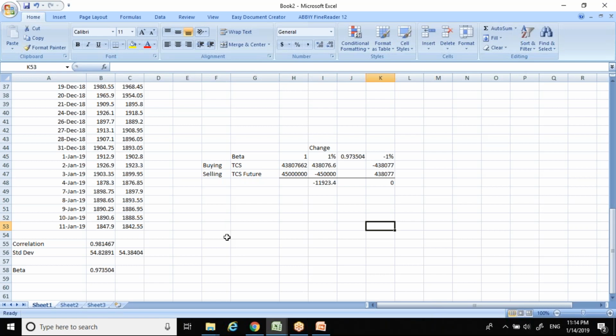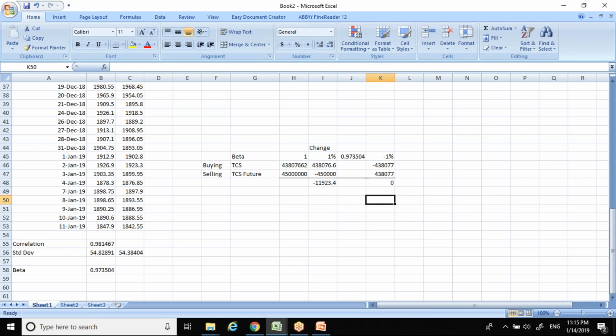You can get the beta, or you can use the other formulas for beta also. You can regress the price changes, or you can take the covariance between the index and the portfolio return, divided by the variance of the index return, and so on. So you have two or three formulas to get the beta.